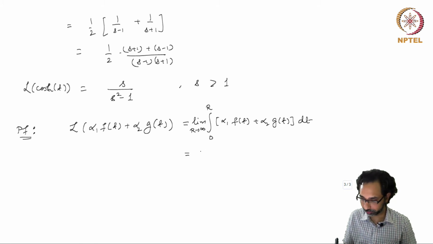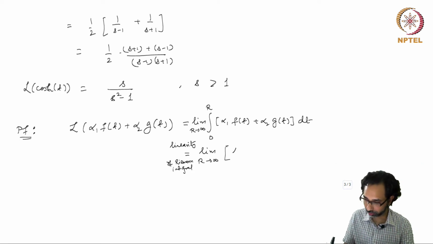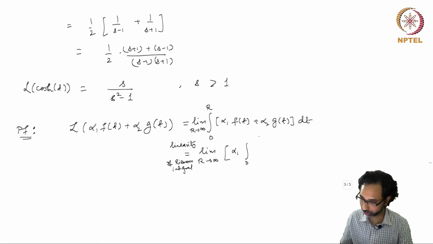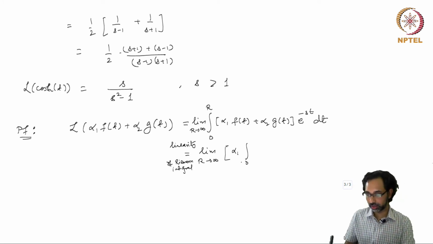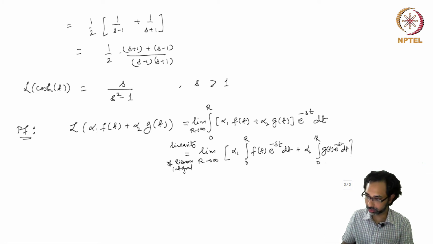So this is given by the limit R goes to infinity. Now I can use the linearity property of the Riemann integral to get the following expression. You have alpha 1 integral 0 to R of f(t) e to the minus st dt plus alpha 2 integral 0 to R of g(t) e to the minus st dt.